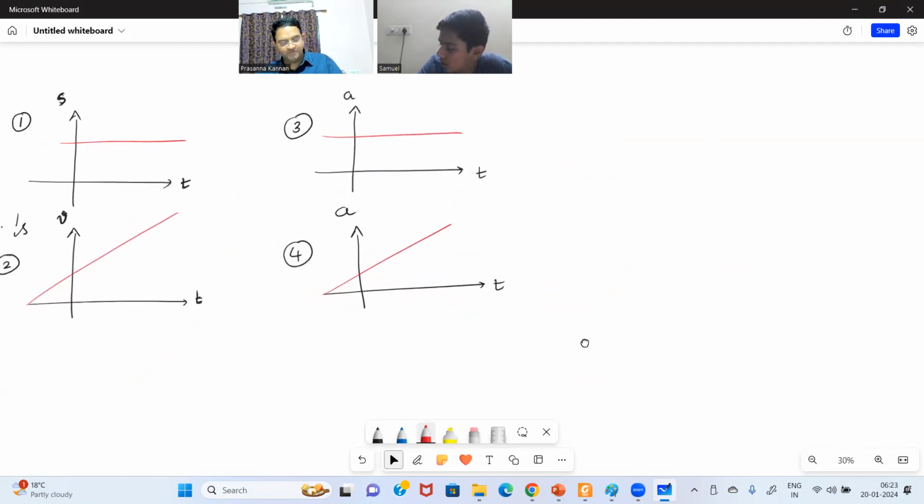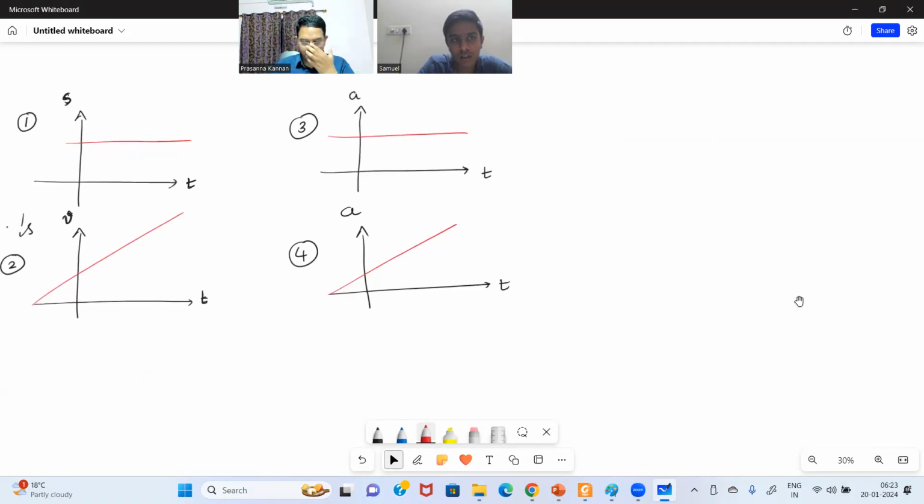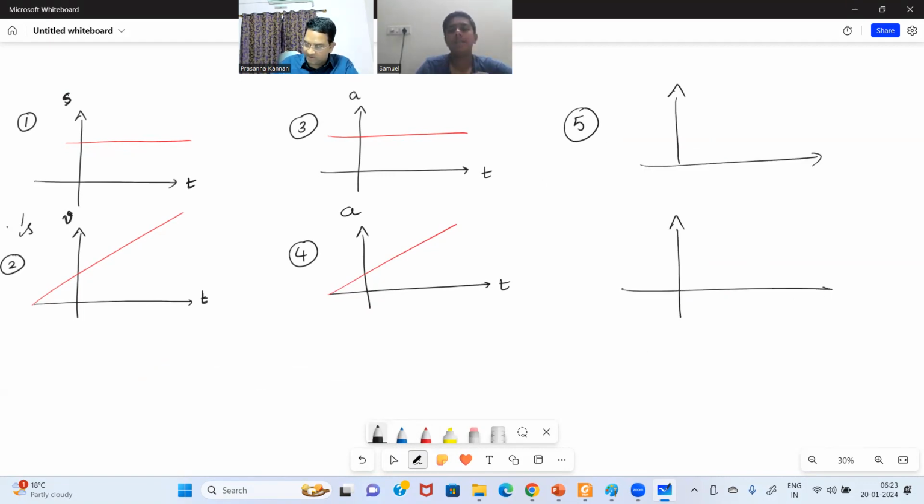Just by looking at the graphs, you should be able to tell me what motion this is. Is it uniform motion, uniform accelerated motion, or non-uniform accelerated motion?